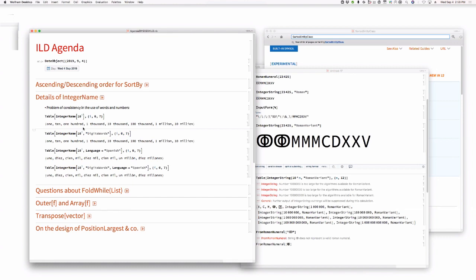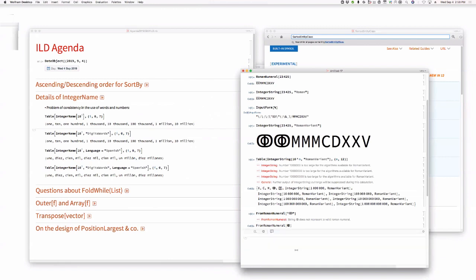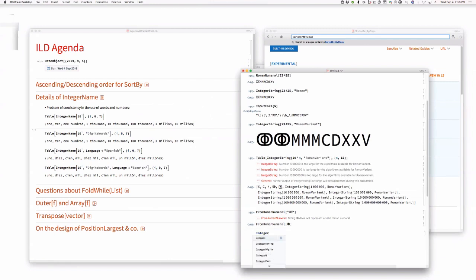I'm sorry, what is the... I mean, right now, if I say integer name of something like this, I get that, right? Right. So if it was somehow inconsistent with the low numbers. No, that's the automatic setting.